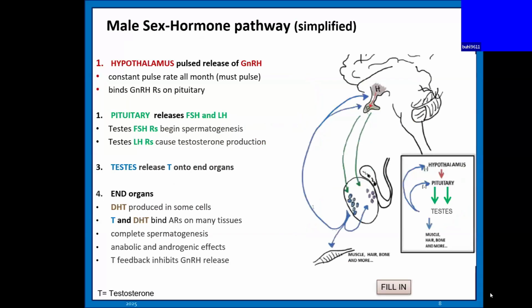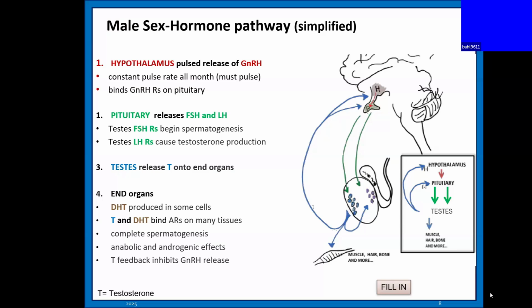So just to remind you, for the male sex hormones, this pathway: the hypothalamus releases GnRH, the pituitary releases LH and FSH to the testes. I'm not going to make you remember which testes cells produce what, but within the testes, FSH is going to increase spermatogenesis and LH is going to produce testosterone production.